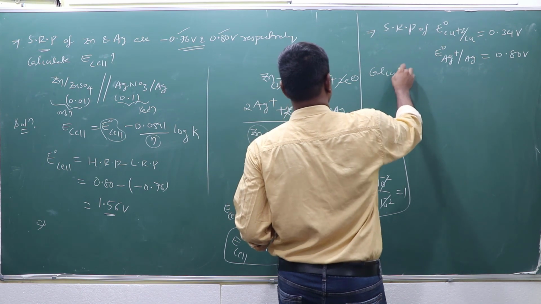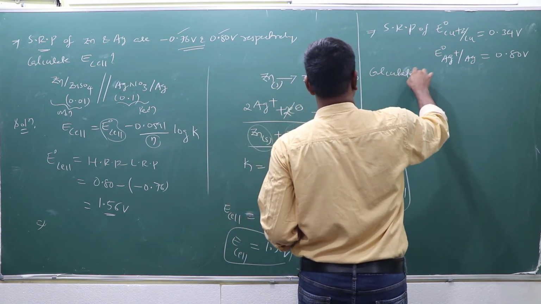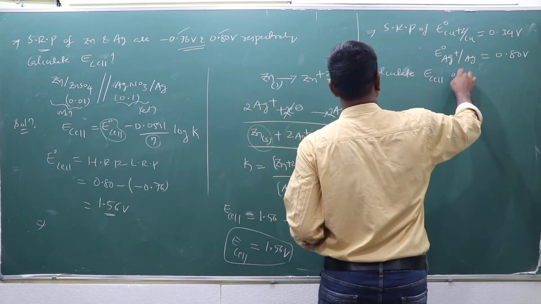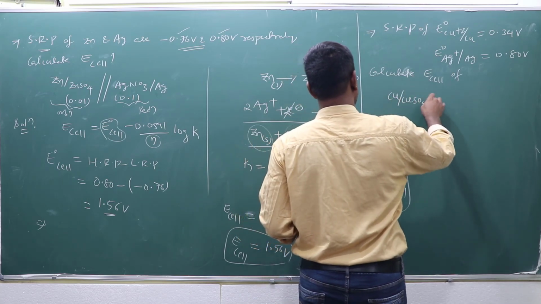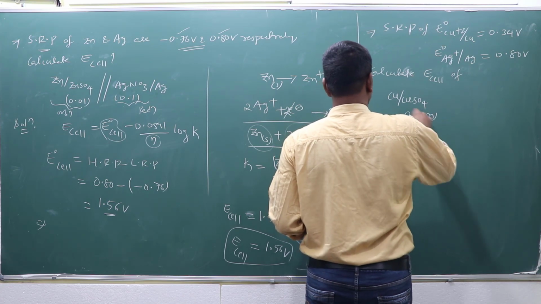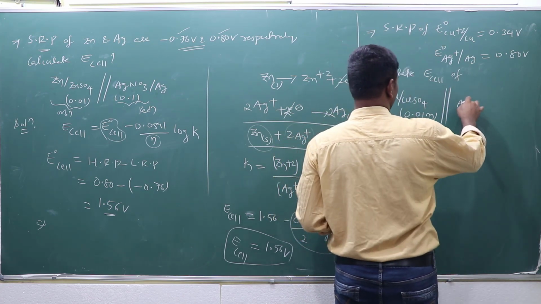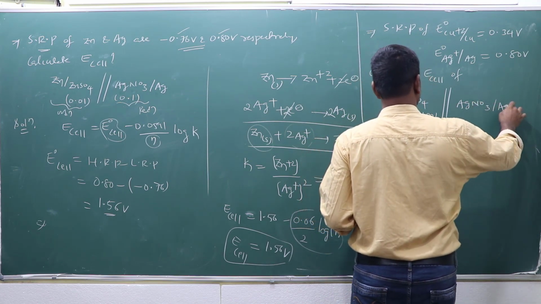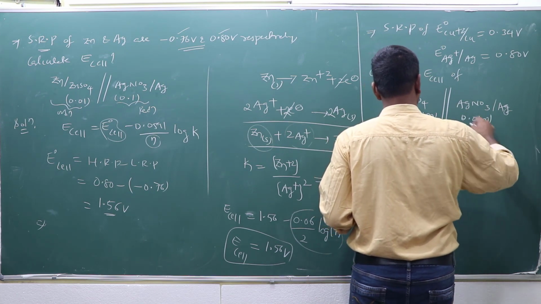Calculate E cell of Cu | CuSO4 aqueous, 0.01 molar, and AgNO3 | Ag, 0.01 molar.